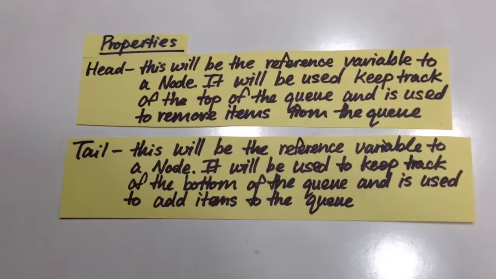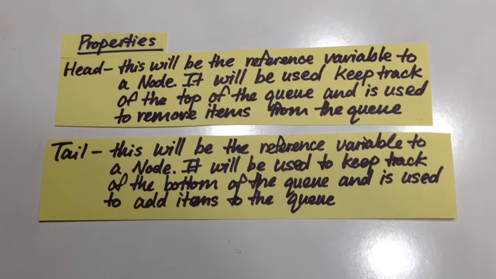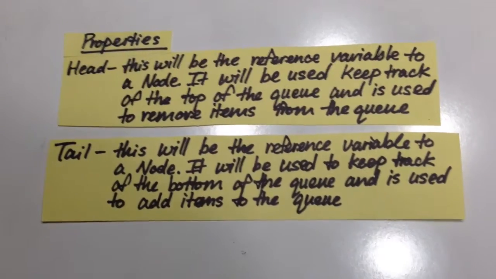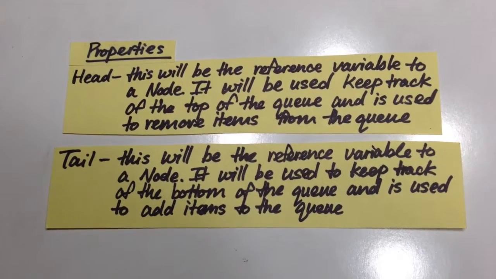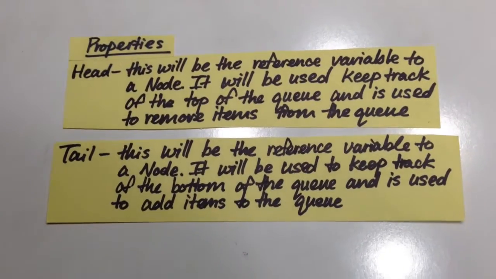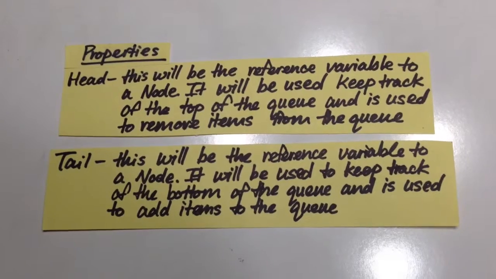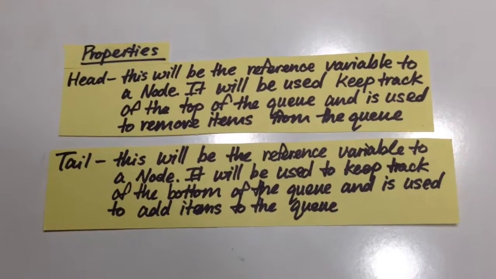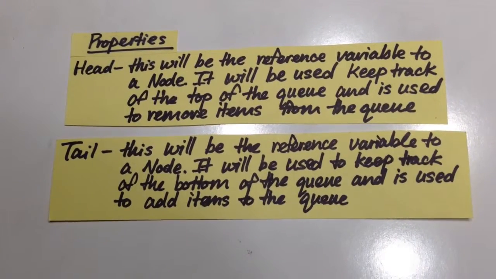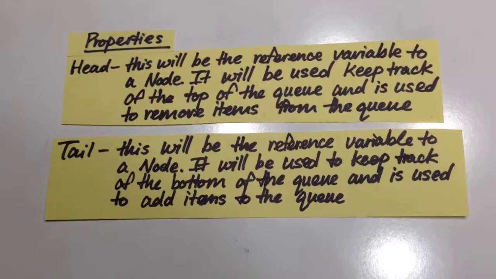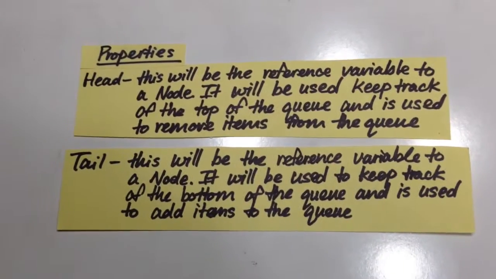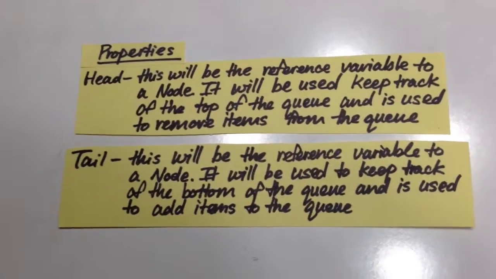And also, head is basically the same thing as top. So the head is going to be used to keep track of the top of the queue. Since the items are added to the tail of the queue, the tail will be used to add items to the queue. And also the tail is going to be used to keep track of the bottom.